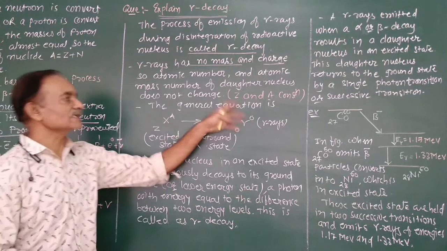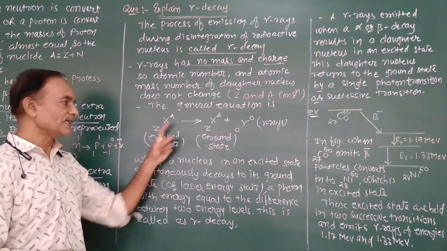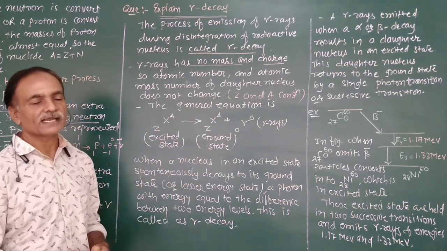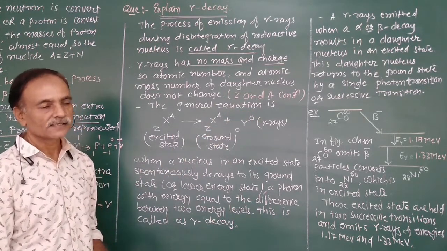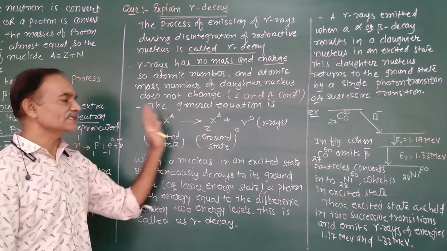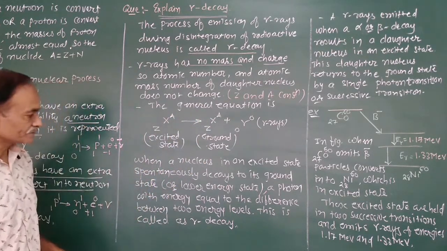The general equation of the gamma decay is X(Z, A) in excited state converts into X(Z, A) in ground state, and gamma rays are emitted with no mass and no charge. But here the energy of the daughter nucleus is decreased, less than the parent nucleus.